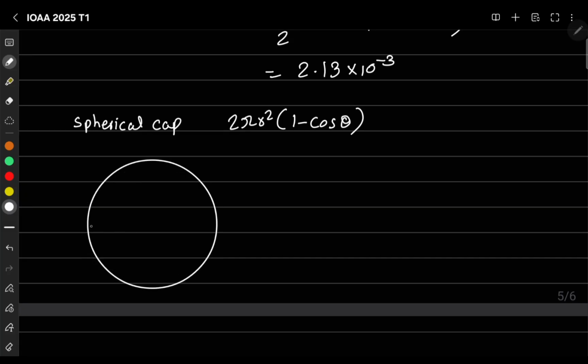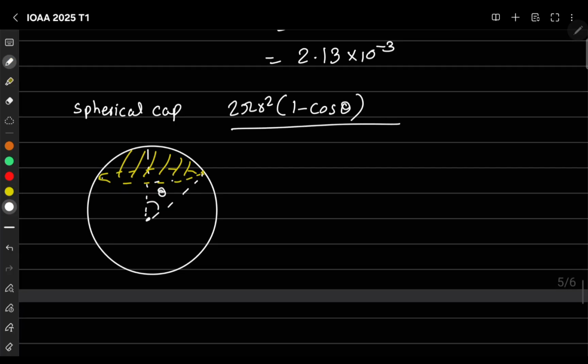For a spherical cap, I get a value of 2 pi r square (1 minus cos theta).